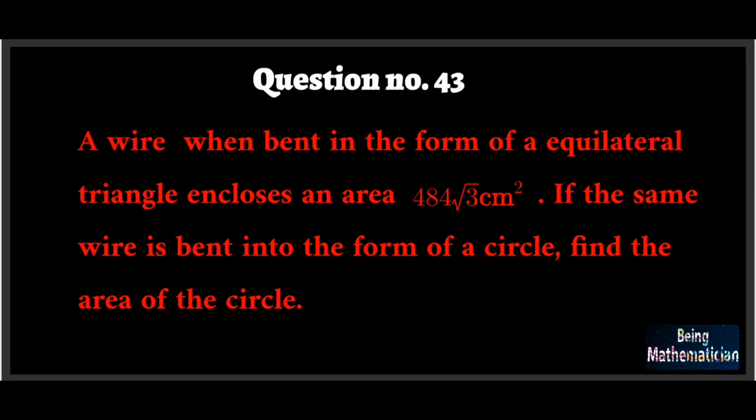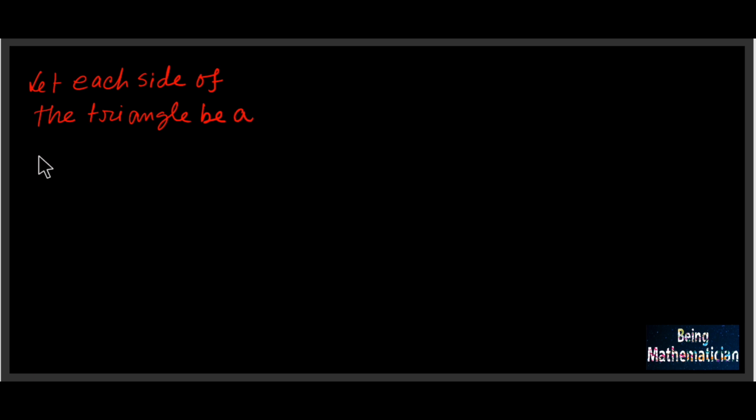Question number 43. Let each side of the triangle be a. So we can write root 3 by 4 into a square is given as 484 root 3.